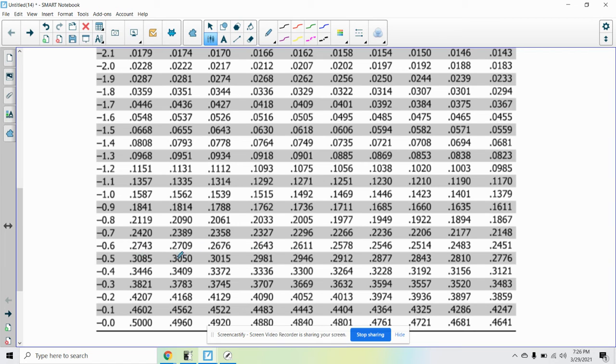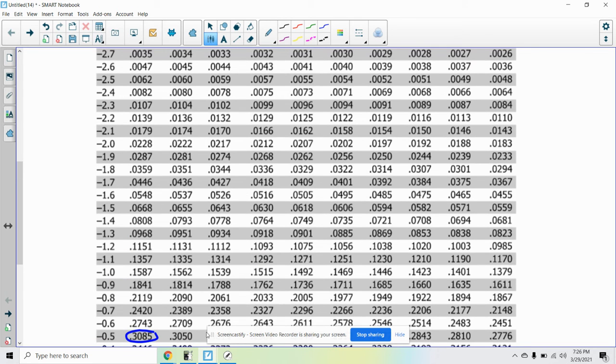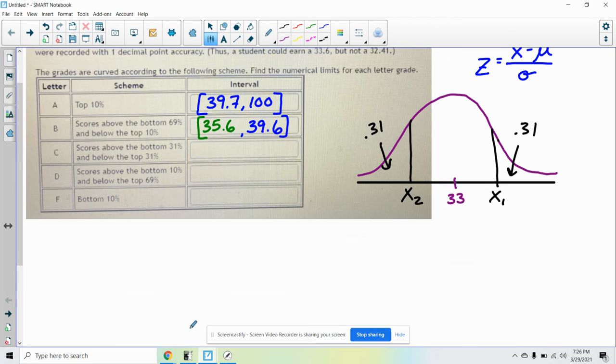Okay, we have 0.308. Looks like we're off by 0.0015, 0.0021. This looks pretty close. If you can't decide, you can always take the average of the two. This looks like negative 0.50. It should be good enough.